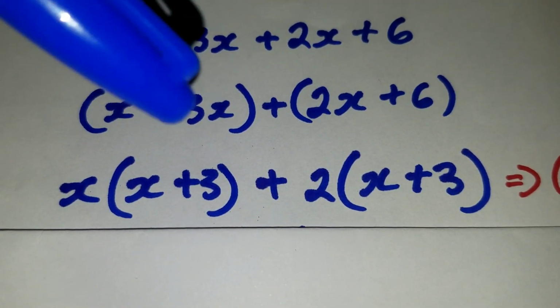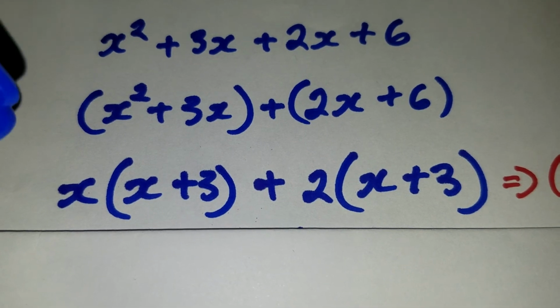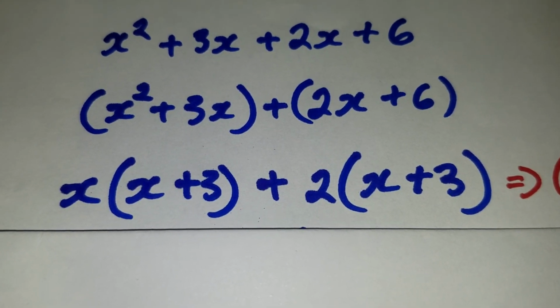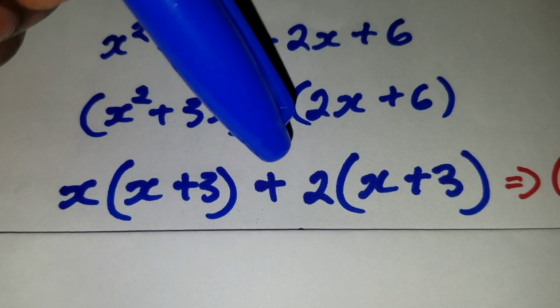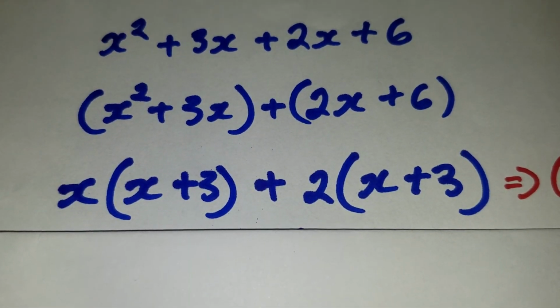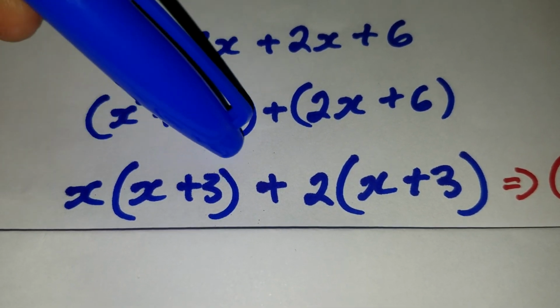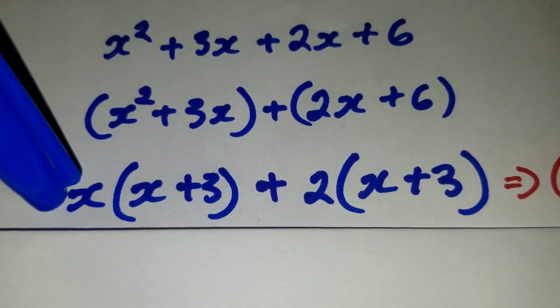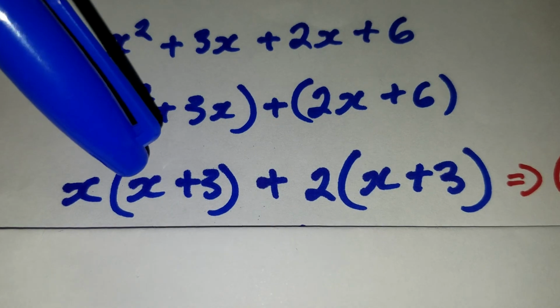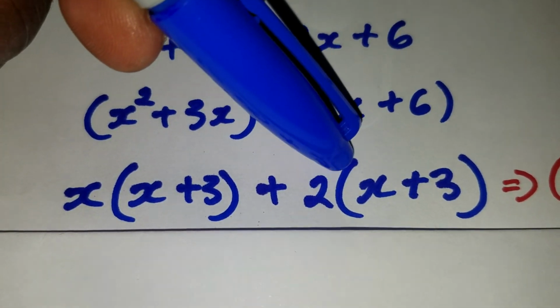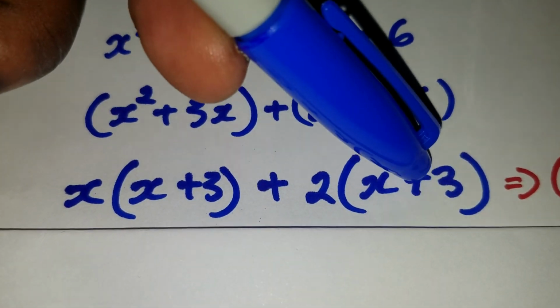It's not finished until we see one bracket multiplied by another bracket. Because we see the plus here, we know it's not finished factorizing. So we're going to look for common terms again. On this entire left side here, we see that we have x plus 3. On this side, we see that we have another x plus 3.